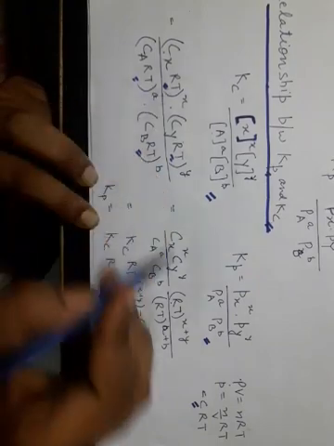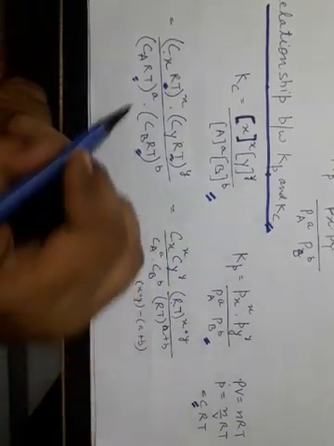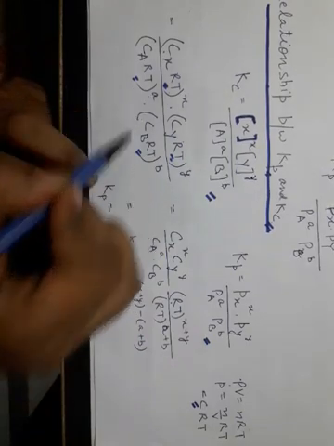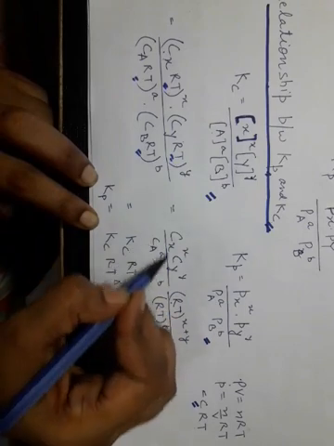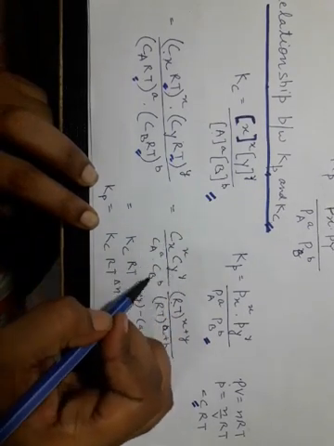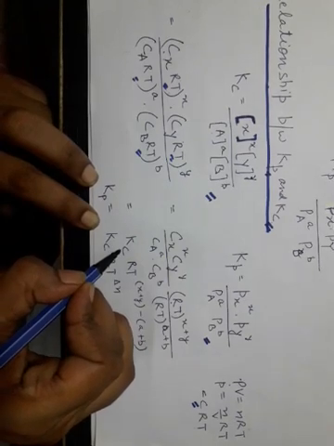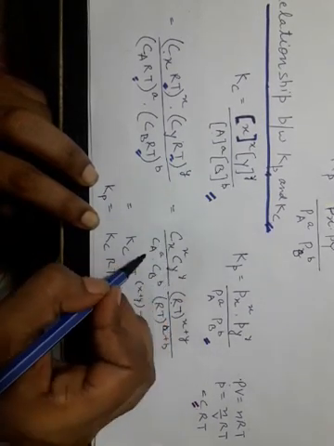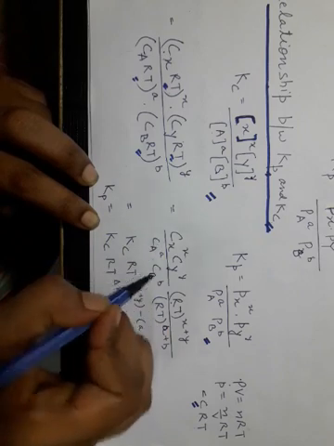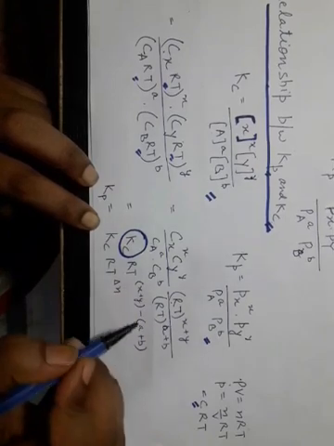The powers of RT for x and y are going to be added. In the denominator they are also going to be added. So in place of Cx, Cy, Ca and Cb, their ratio we can put Kc, because as we all know, the product of concentration of products divided by the product of concentration of reactants is equal to the equilibrium constant.